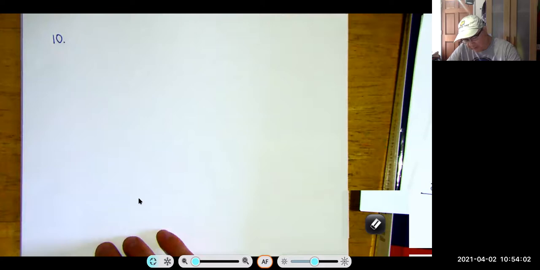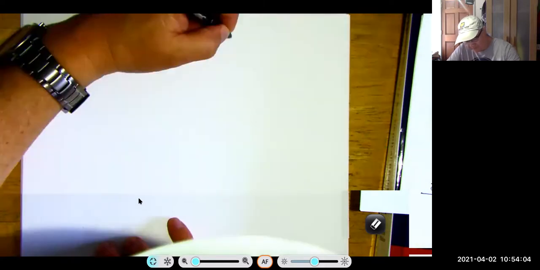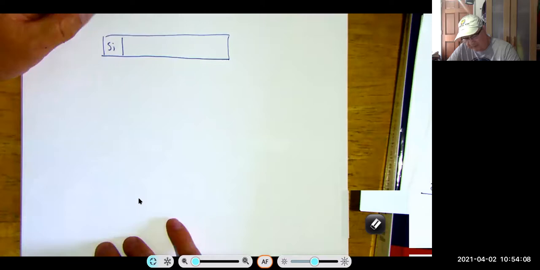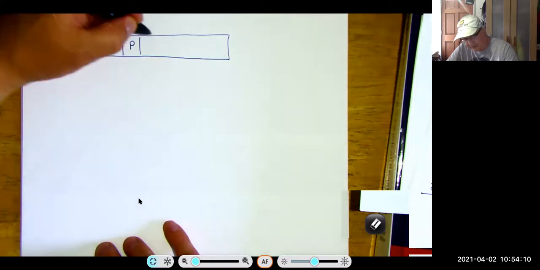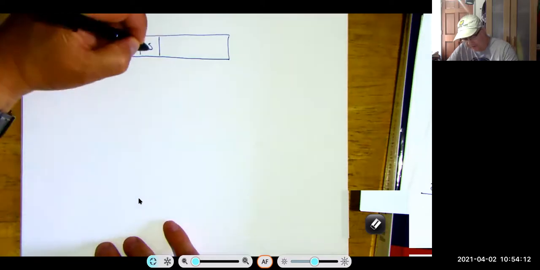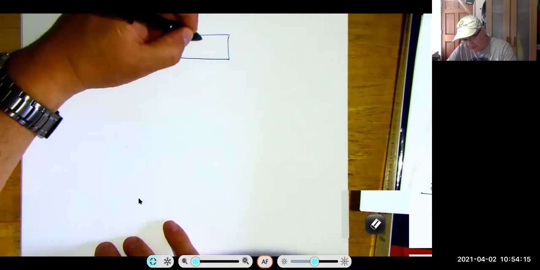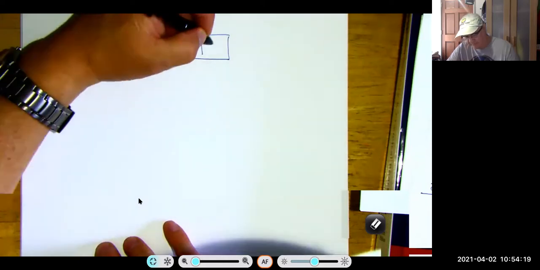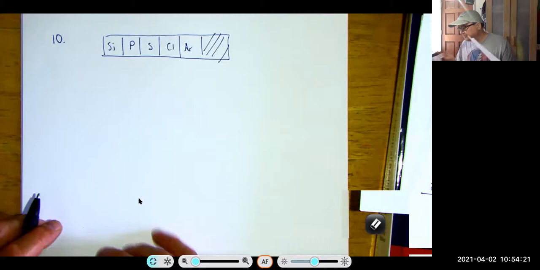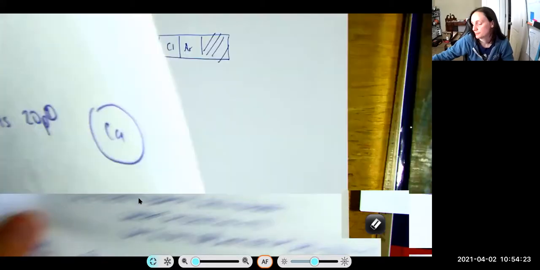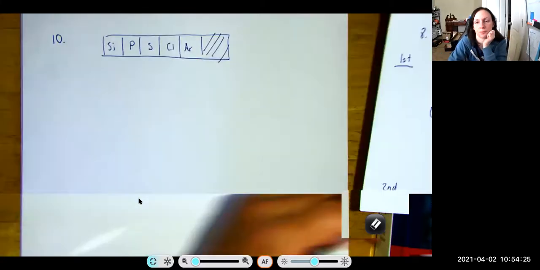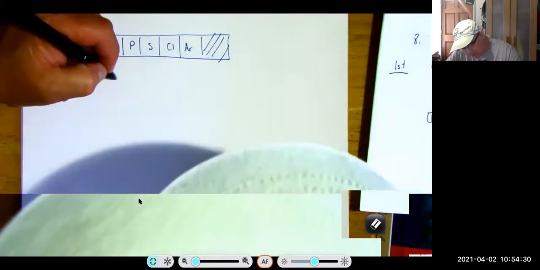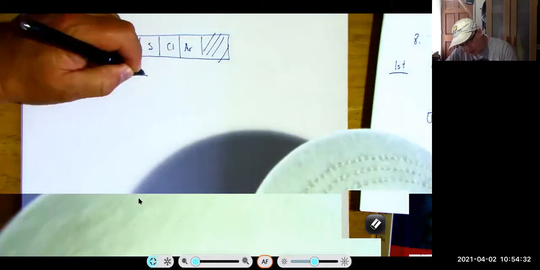So when we look at the periodic table, if this is silicon, this is phosphorus, this is sulfur, this is chlorine, and this would be argon. So when we look at ionization energies, we generally say when you go across, it's harder to take.